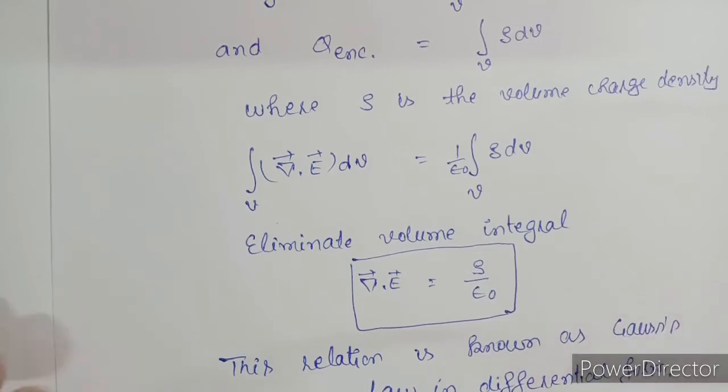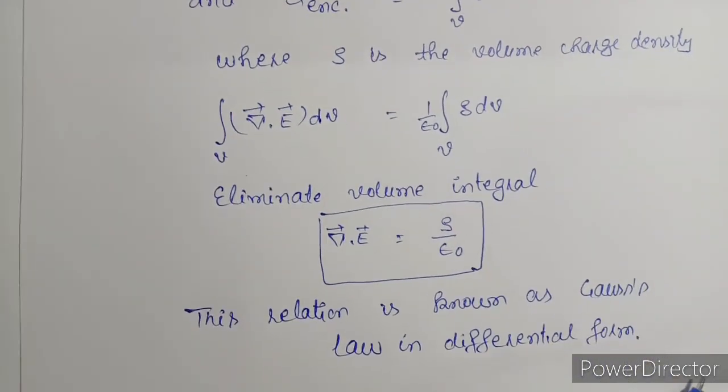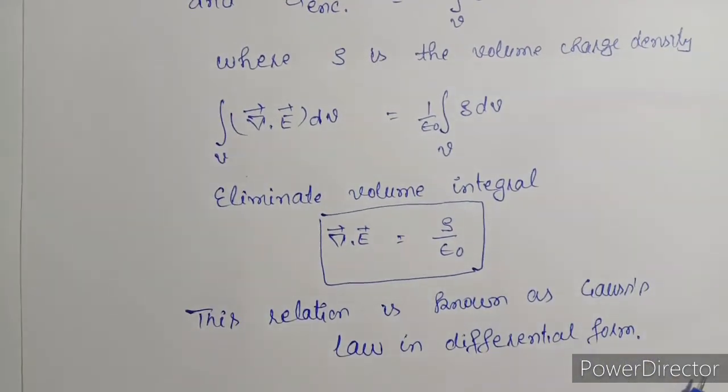Okay, so this is the Gauss law in differential form, that the divergence of electric field is equal to rho over epsilon naught.